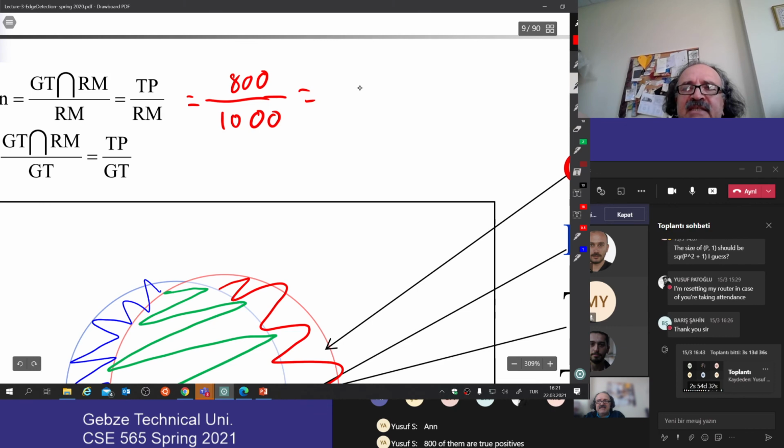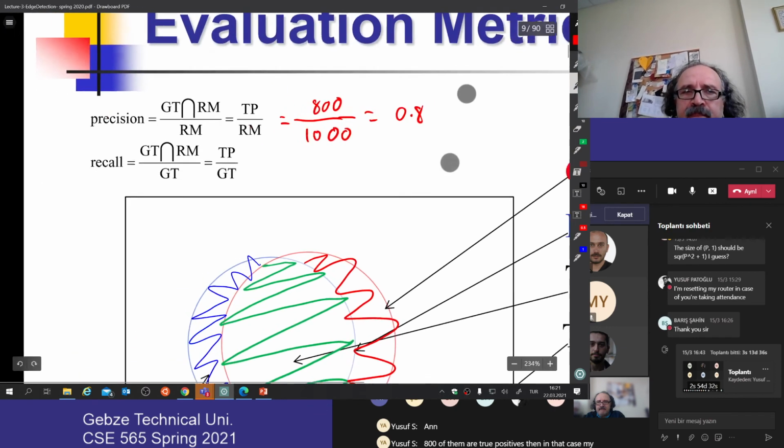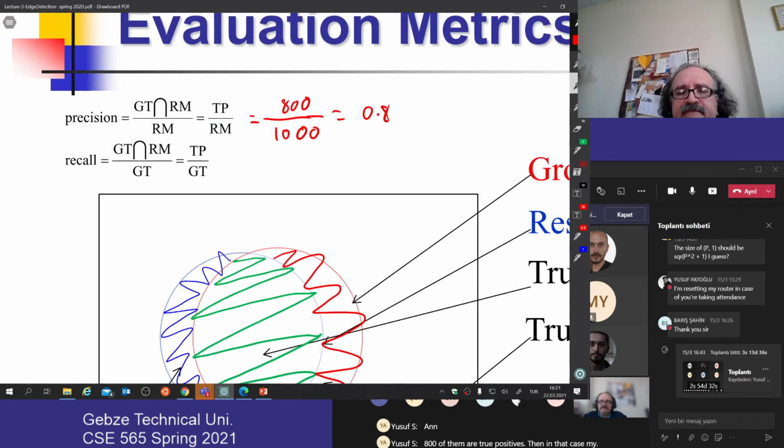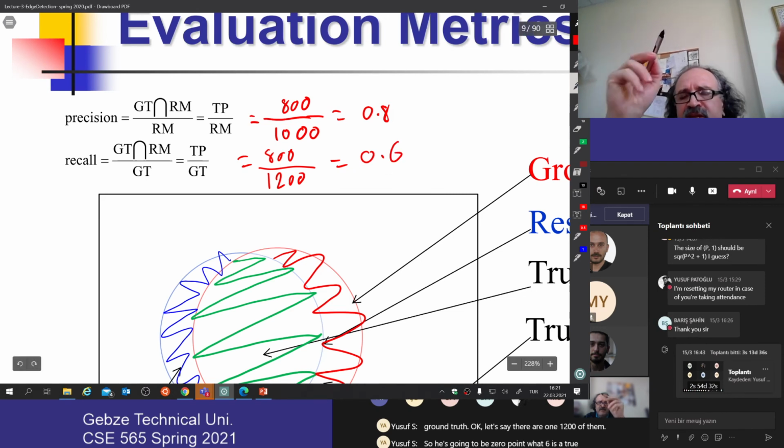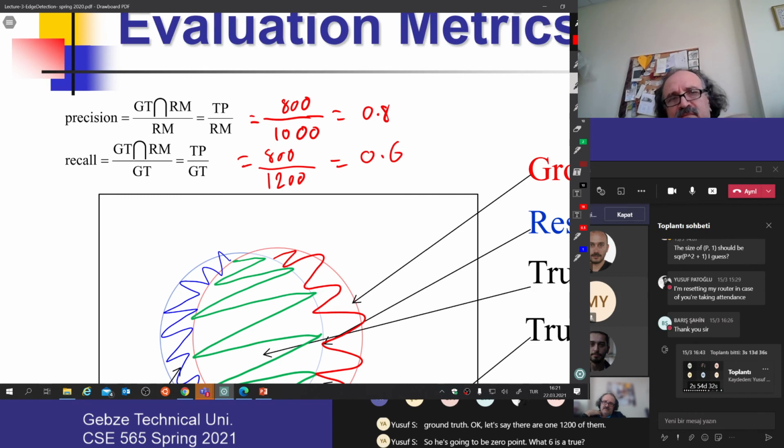Then my precision will be 0.8. My recall is going to be my true positives, which is 800, over the ground truth. Let's say there are 1,200 of them. So it's going to be 0.6.